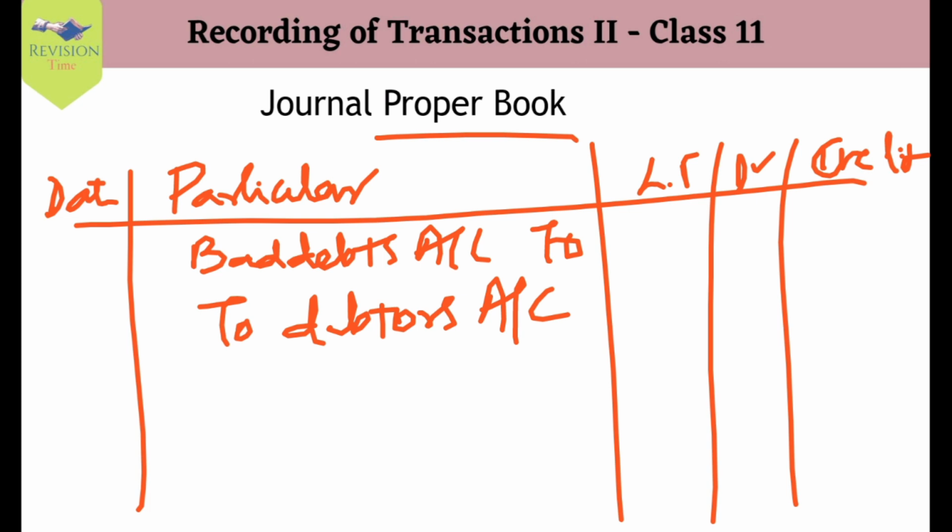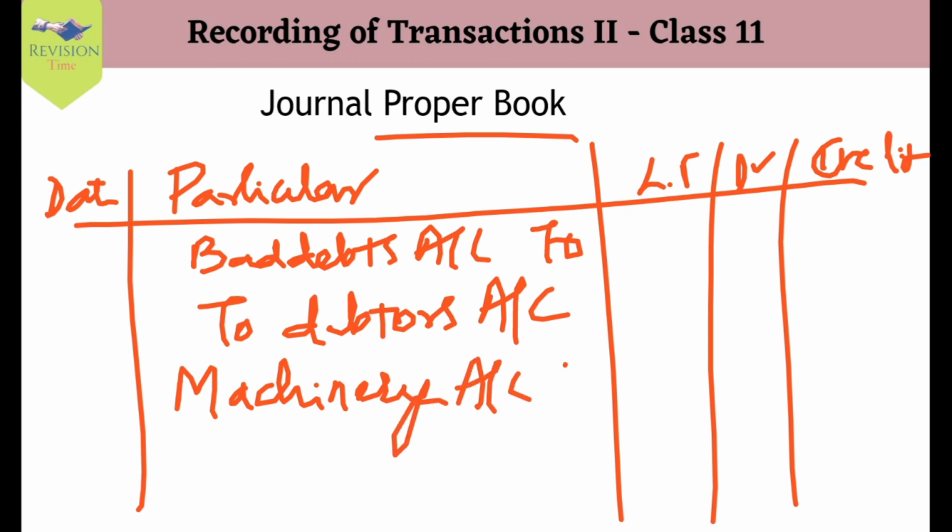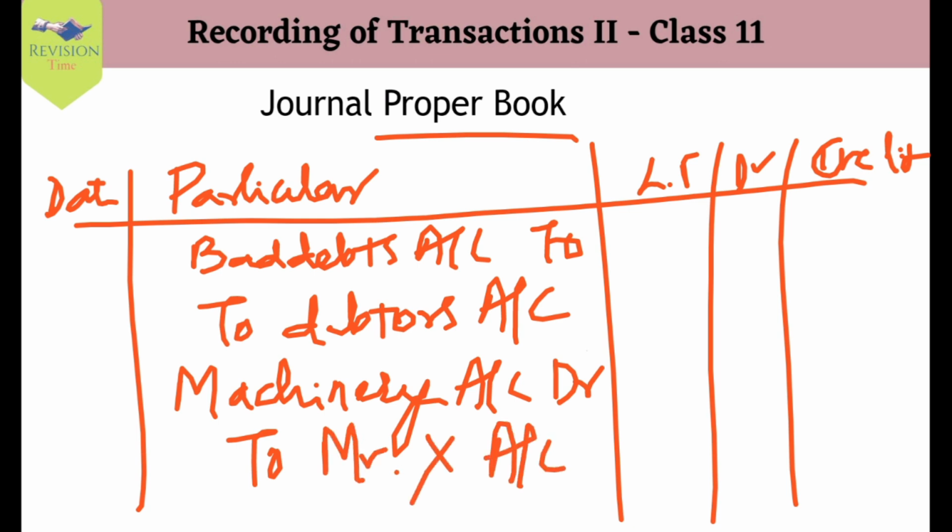We can write an entry for machinery account, purchase of machinery on credit. Say you have purchased it from Mr. X. If it was purchased for cash, it would be a cash transaction and recorded in the cash book. Since it is purchased on credit from Mr. X, machinery account debit to Mr. X account.